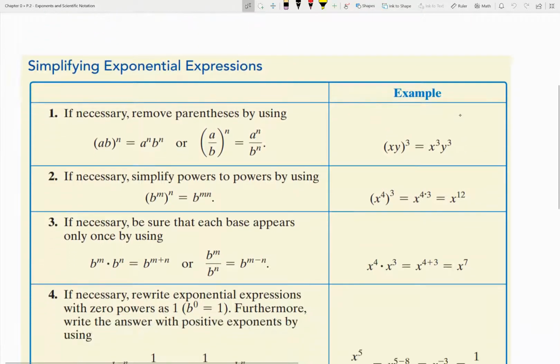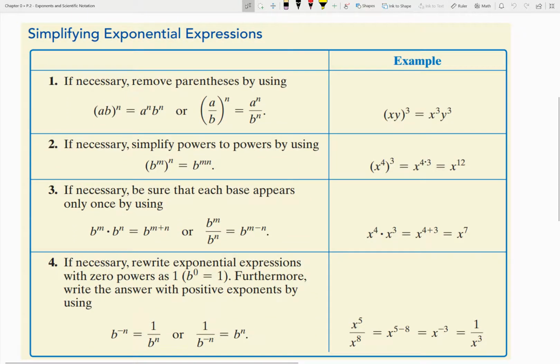So some examples here on simplifying exponential expressions. We can first remove the parentheses by using my product to a power or quotient to a power rule. Simplify powers by multiplication. Put bases together with adding the exponents or subtracting the exponents, and move negative exponents to the numerator or to the denominator, depending on whether they started in the top or the bottom.